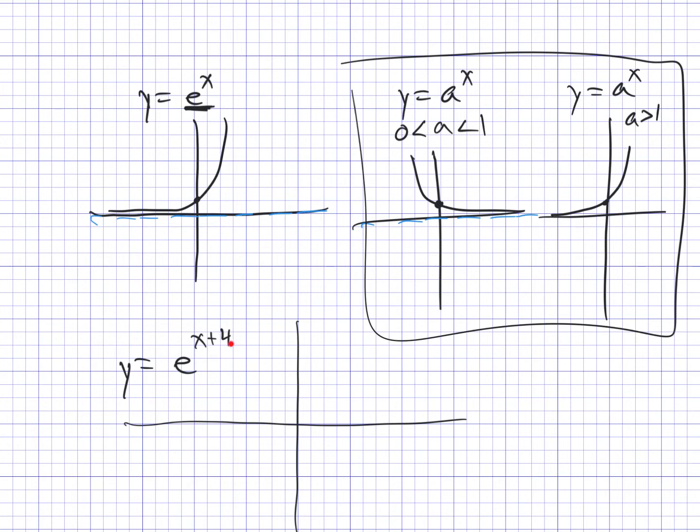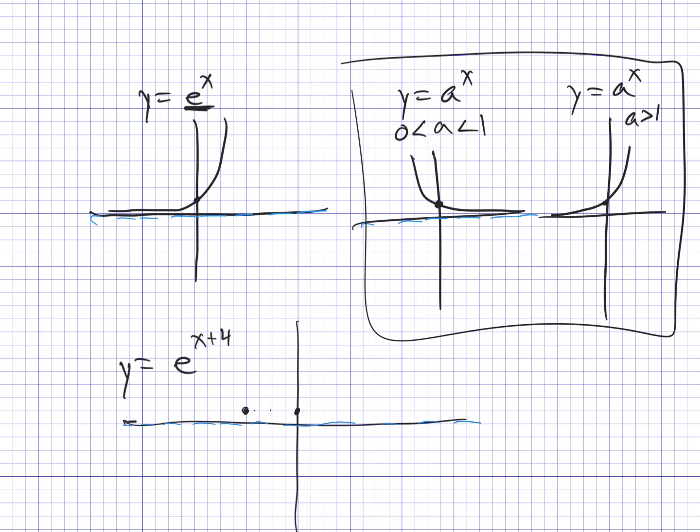And what you should notice is this 4 is inside the function, so you're moving horizontally opposite. Horizontal is always opposite, so to the left. You still have your asymptote at y equals 0. It didn't move up because we're only moving left. What's moving left? That point, the parent function intersection.